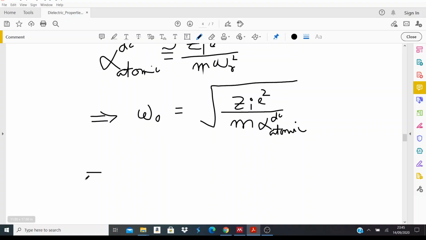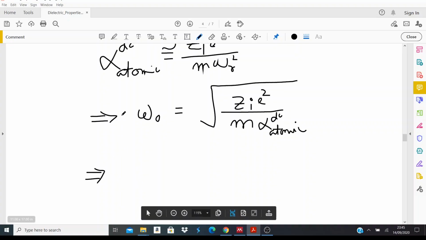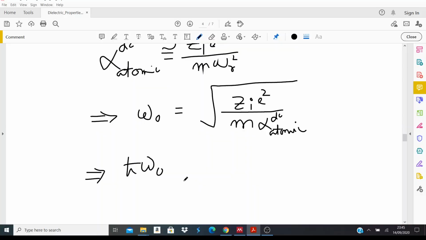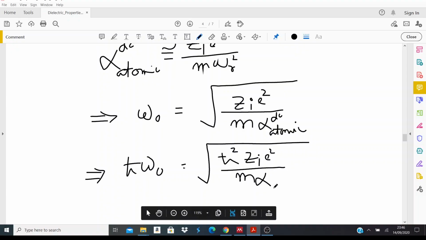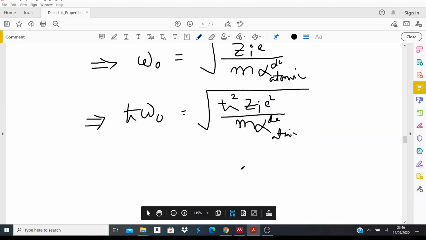If somebody asks you what is the relevant energy scale, that's the angular frequency, and ħω₀ has the dimension of energy. So we can multiply this equation with ħ, and we want to bring the ħ inside, so we have ħ² and then Z_i e² divided by m α_dc atomic.